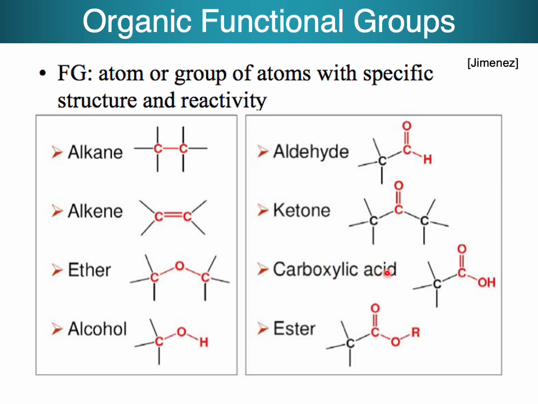Carboxylic acid is a very important class of organic compounds, very common in soil. They basically have this kind of functional group, a carbon atom double bonded with an oxygen, and also a hydroxyl functional group on the other side. So this is carboxylic acid.